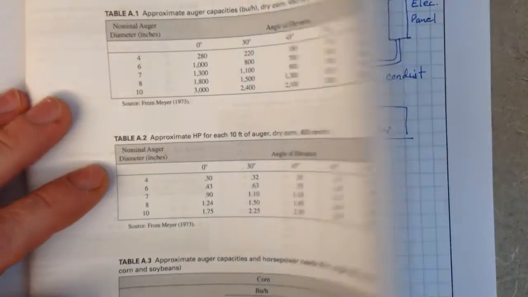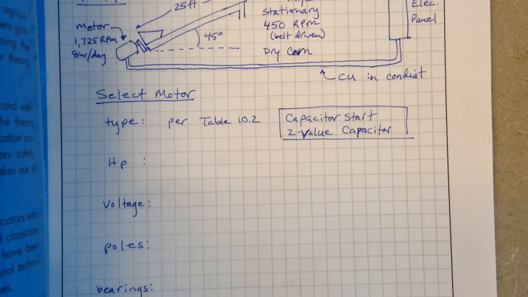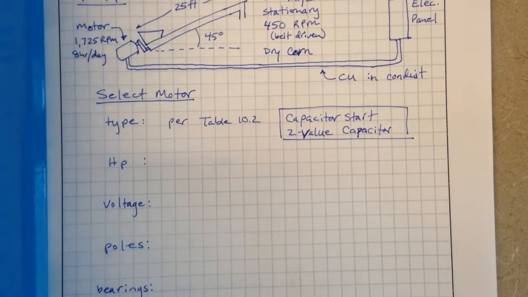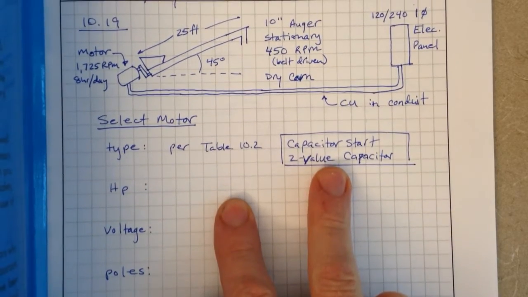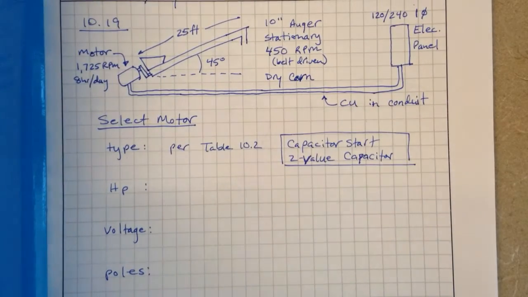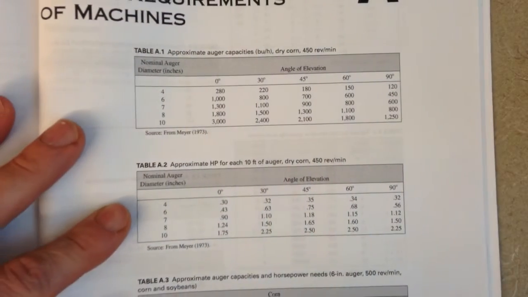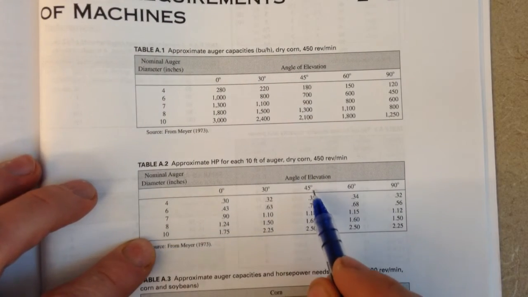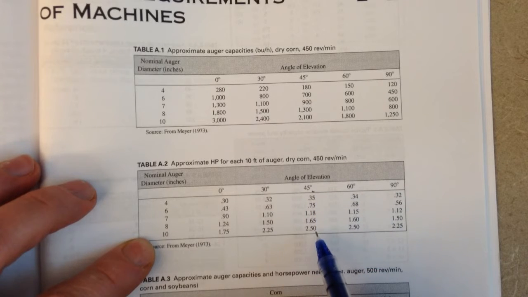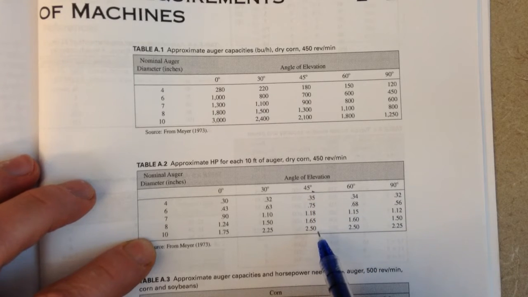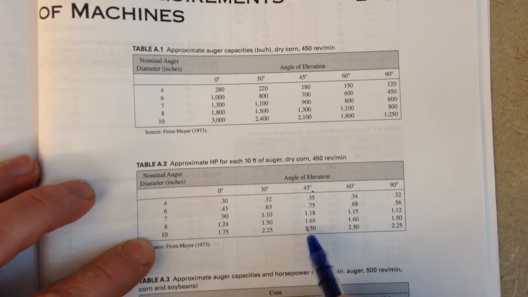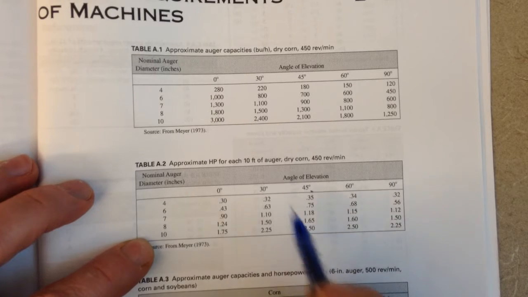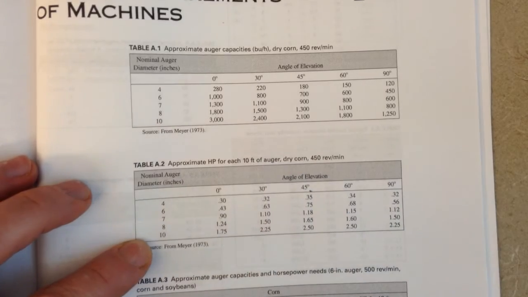If we recall, we have 25 feet of auger length. It's a 10-inch auger, and we have a 45-degree incline. When we look at our auger diameter and a 45-degree incline, we would need 2.5 horsepower per 10 feet.